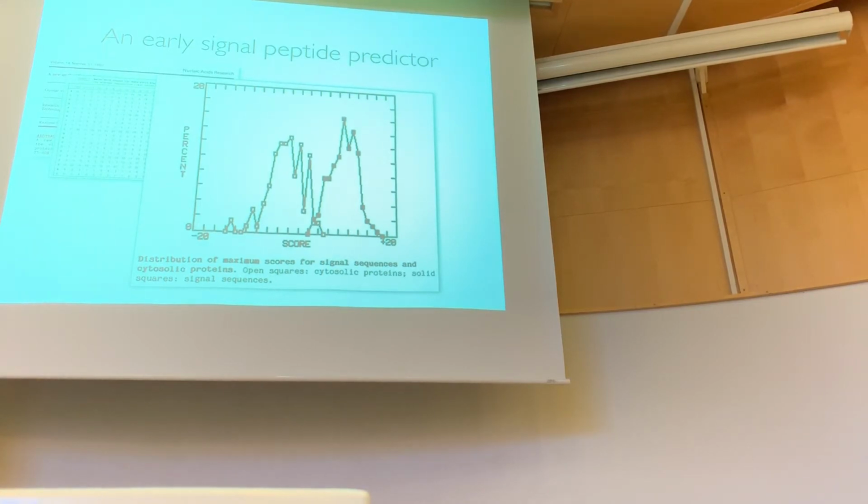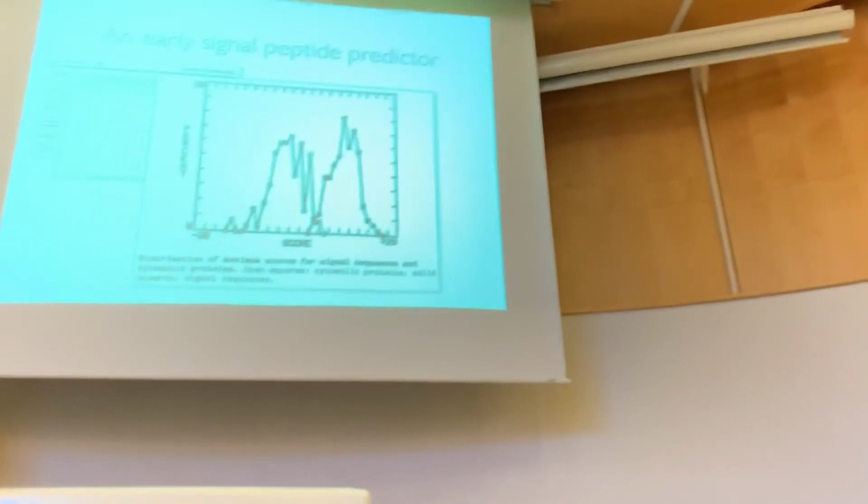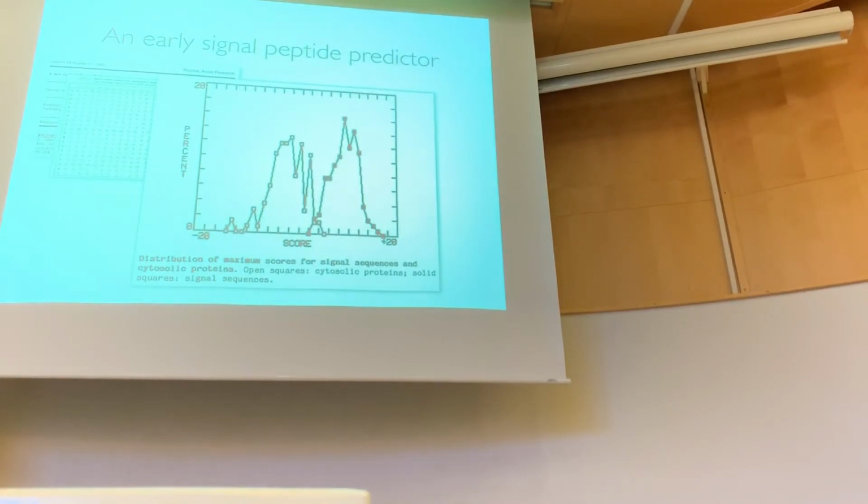So this distribution here is for, say, 100 cytoplasmic proteins that don't have signal peptides, and you take the maximum score from each one. And this is from a similar size sample with signal sequences in it. So for this very limited data set, you could achieve a fairly clean separation between the two.